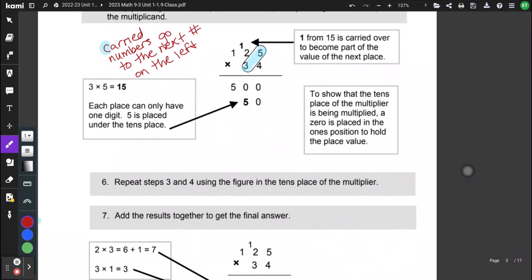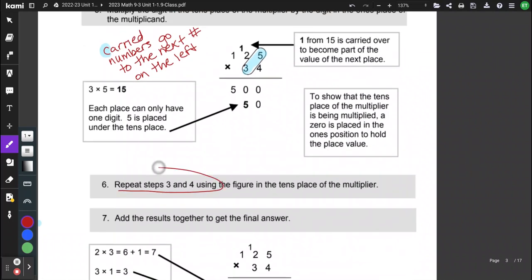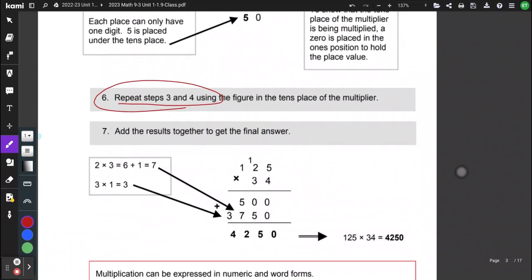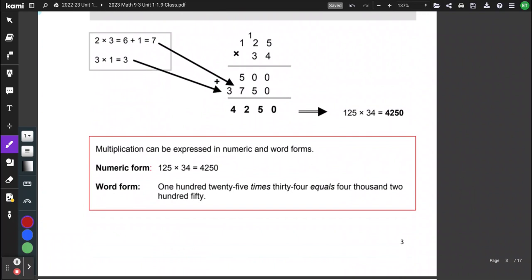So now they're telling us repeat step 3 and 4. So we're going to multiply this one and then we're going to multiply that one. So all together, this is what we end up with as an answer. Then we add straight up and down. This one gives us a 5. This one is going to give us a 12.